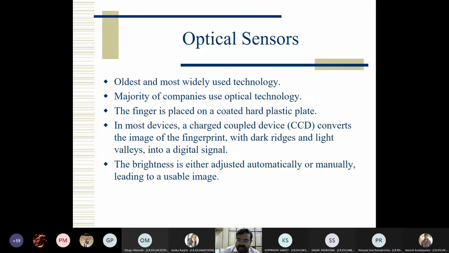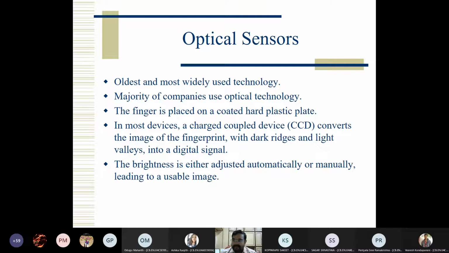Obviously, the most common and the cheapest is the optical sensor. You put your fingerprint on the plastic plate of the optical sensor. There is a CCD, or charge coupled device, that will convert that image into a digital signal, and the image of the fingerprint will be based on the features in the fingerprint, whether you're a whirl or an arch or a tented arch or an island or a pore.